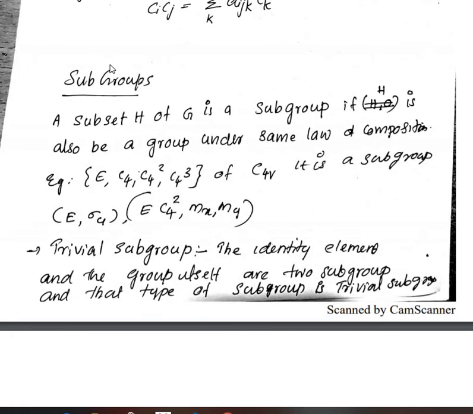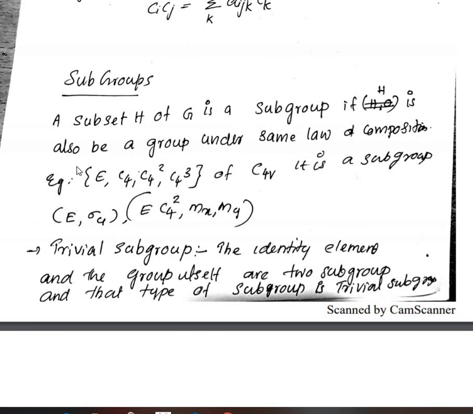So let us check what a subgroup is. A subset H of G is a subgroup if H also forms a group under the same law of composition.